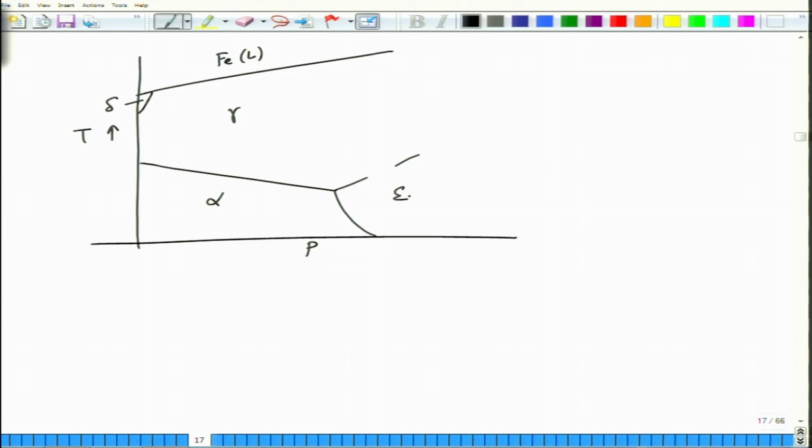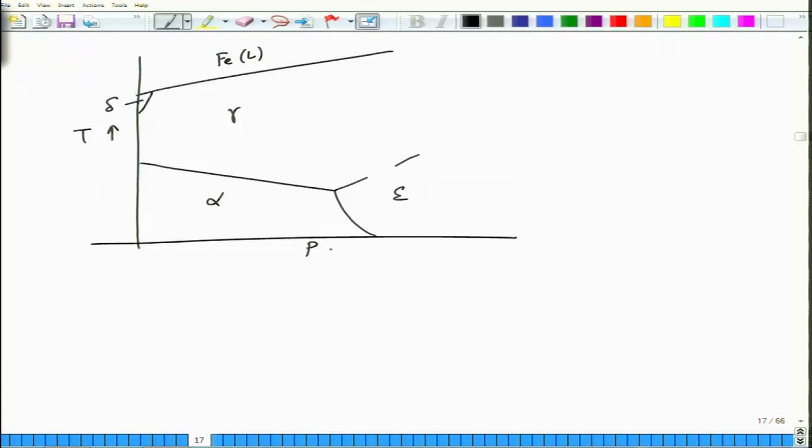So these various phases of iron are present at different combinations of temperature and pressure, and there are fields in which single phases are stable, and these are called single phase fields, or phase fields. So this is the temperature versus pressure phase diagram of a single element. A similar phase diagram you will see for water as well, the H2O system.